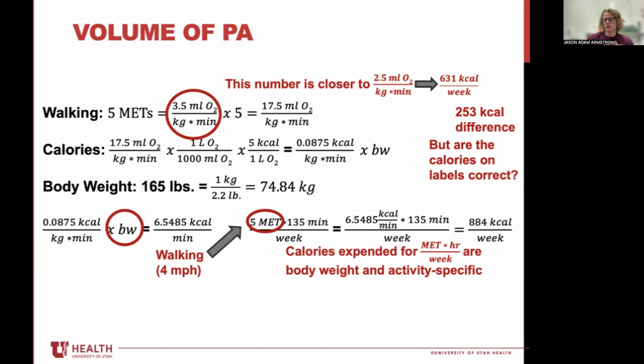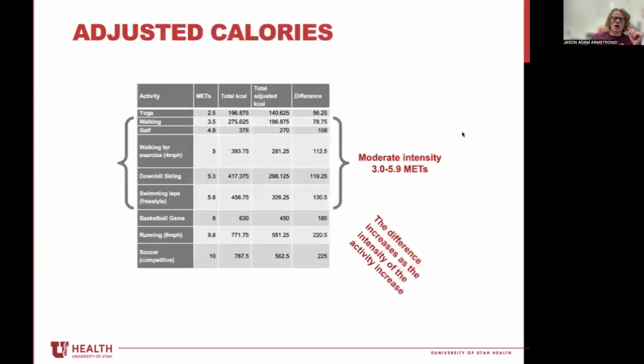It really is confusing to me, because the study has been redone multiple times, and it looks like the baseline amount of oxygen used at rest is closer to 2.5 milliliters of oxygen per kilogram of mass per minute. Okay, that would take my 884 calories and drop it to 631 calories. So 253 calorie difference.